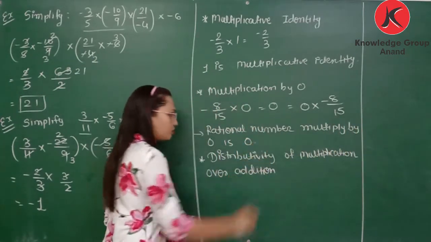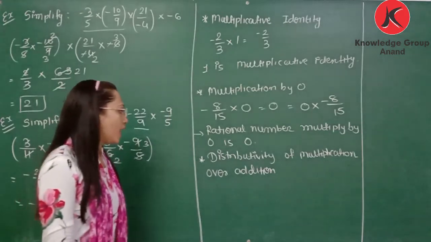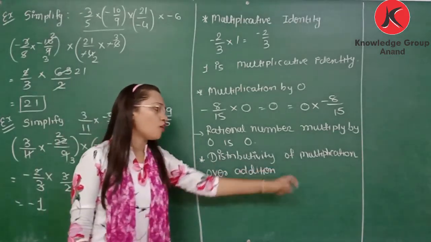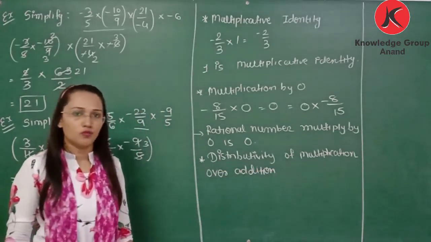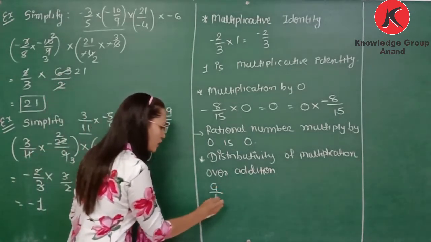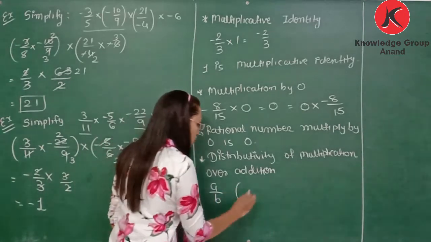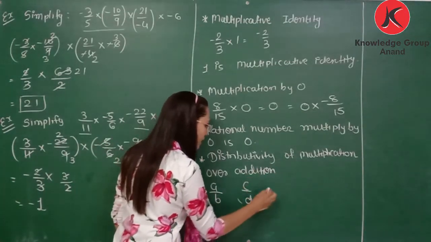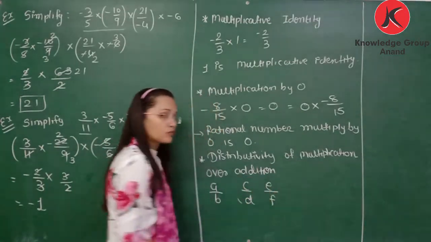is 0. Clear? Now next, distributivity of multiplication over addition. Now what is distributive property? That is, if we have three rational numbers a by b, c by d and e by f.